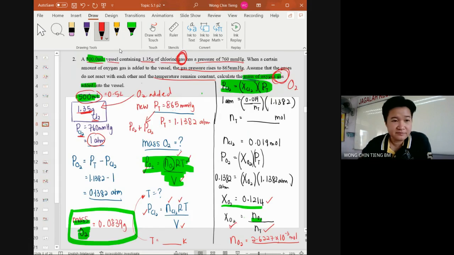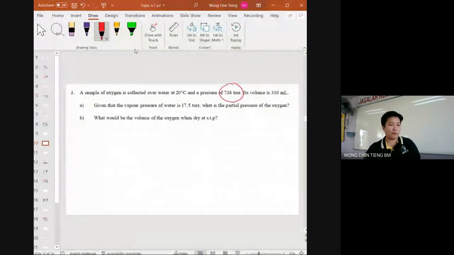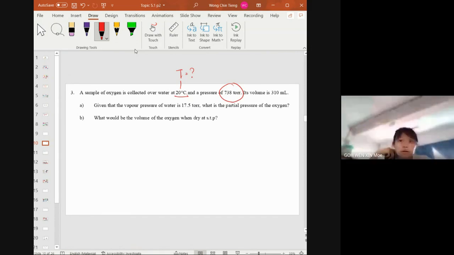Buat sendiri. A sample of oxygen gas collected over water 20 degrees Celsius and a pressure of 738. Soalan saya. 738 is what pressure? Pressure of the gas or pressure of the atmospheric?